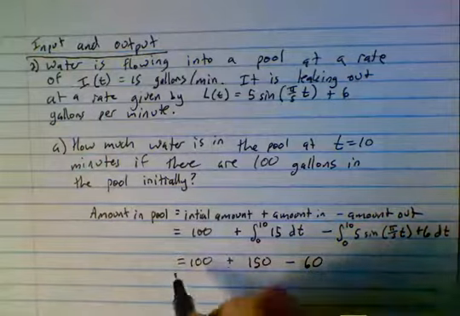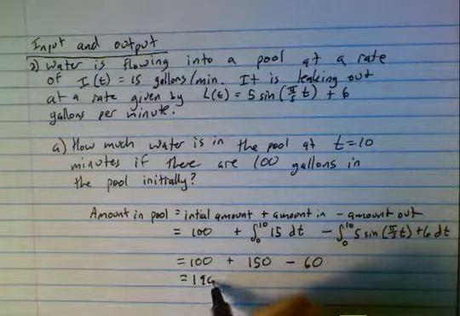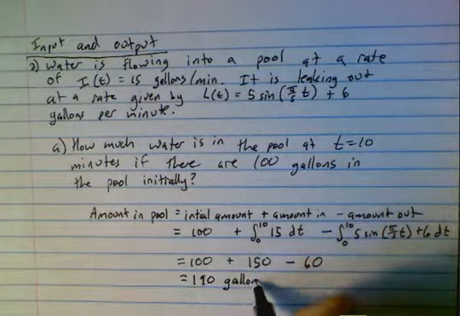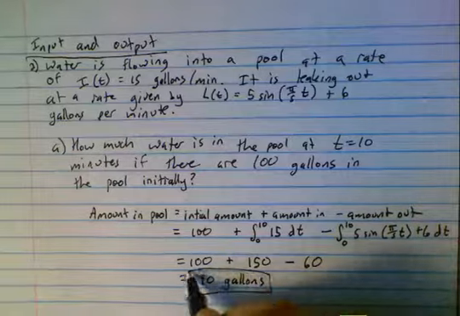So 100 plus 150 minus 60, that's 190 gallons.